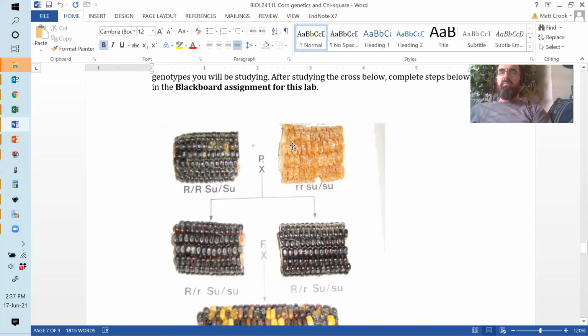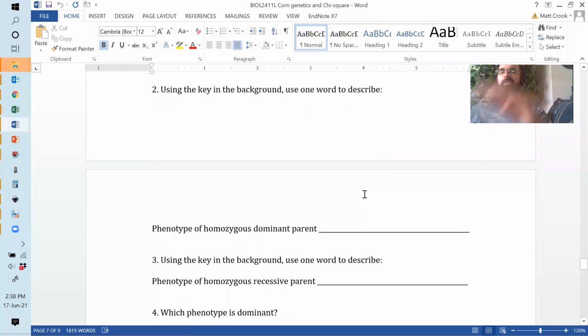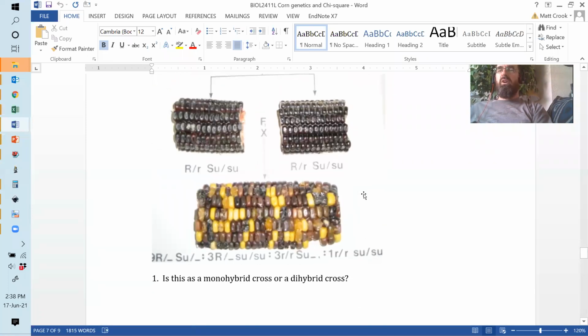But we also have round seeds versus wrinkled seeds, the second trait, like seed plumpness. And again, use this picture. So obviously you've got to answer the questions as provided, and they're exactly the same in Blackboard. It's a one-for-one match, I think.